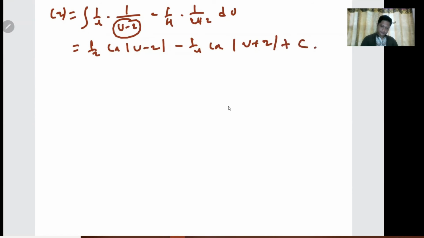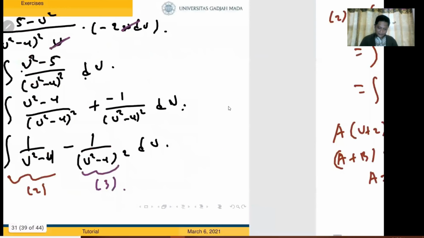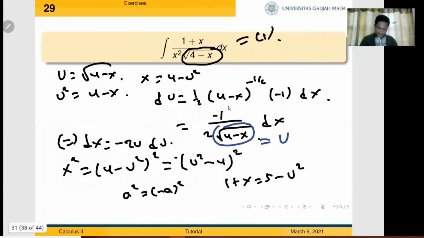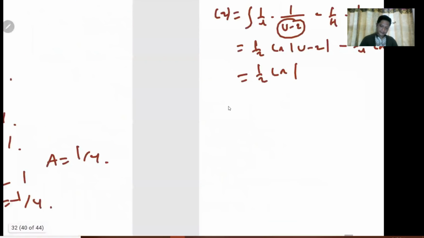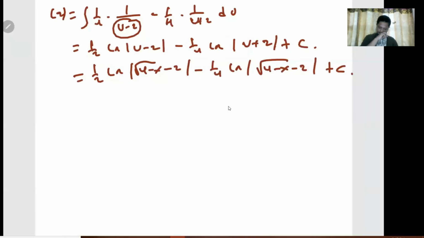And it should be clear, in my opinion, at least. What is my u? My u is square root of 4 minus x. So square root of 4 minus x minus 2, minus 1 over 4 ln of square root of 4 minus x plus 2, plus C.